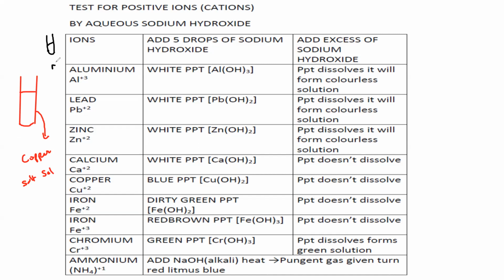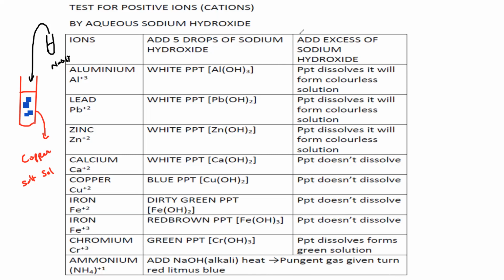So in a test tube we have NaOH or sodium hydroxide. When we add the sodium hydroxide, whenever you have a copper salt, what will you observe? You will observe a blue PPT. So this precipitate, the solid which will form, will be blue in color.